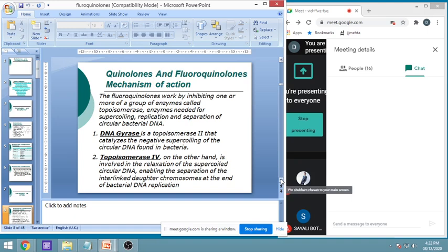Topoisomerase 4 is involved in the relaxation of supercoiled circular DNA, and it enables the separation of interlinked daughter chromosomes at the end of bacterial DNA replication.